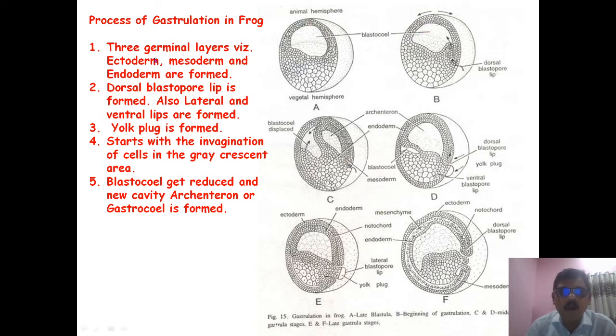What exactly occurs during the gastrulation? During gastrulation, the three germinal layers, namely ectoderm, mesoderm, and endoderm, are formed. The dorsal blastopore lip: here there is a start of inward movement just below the gray crescent area, and this lip is formed, and that is the dorsal blastopore lip.